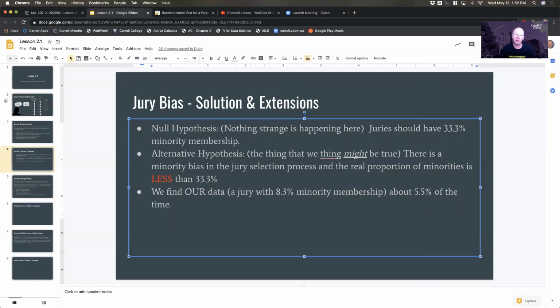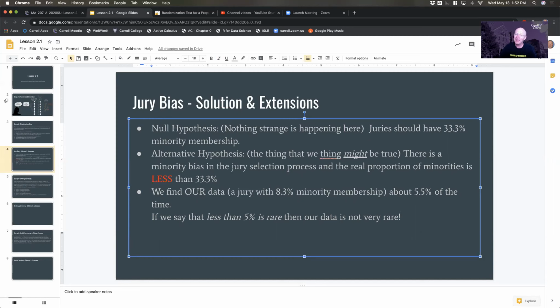Now we need to make a decision whether or not that's rare versus not so rare. In statistics, we usually use 5% as the cutoff between rare and not so rare. So if we say that 5% is our arbitrary cutoff for rare versus not so rare, then we would say our data is not very rare.